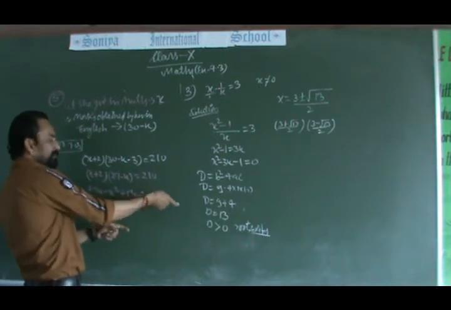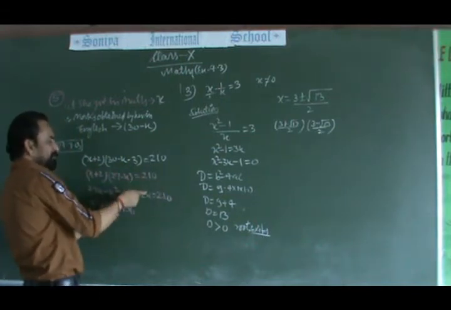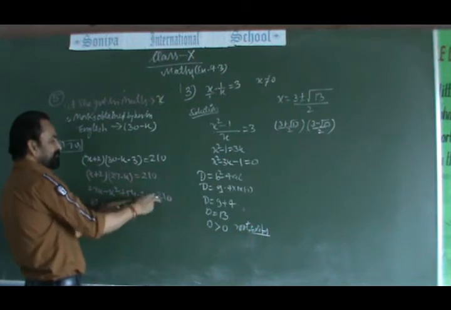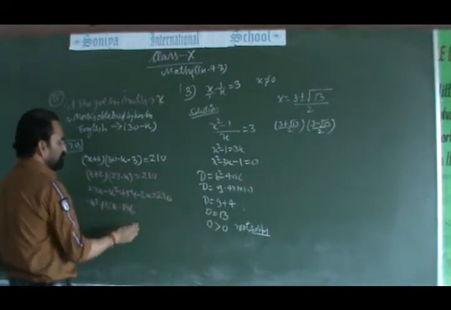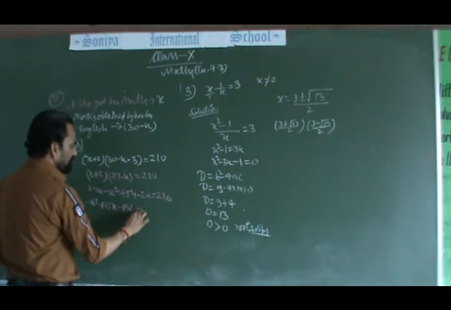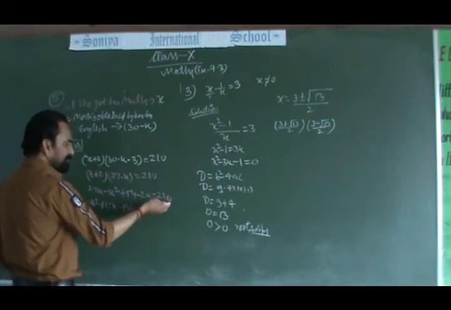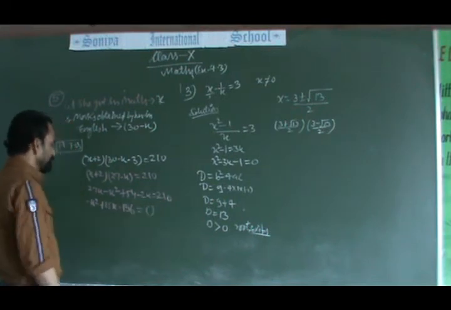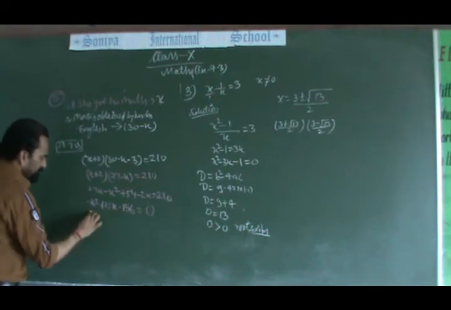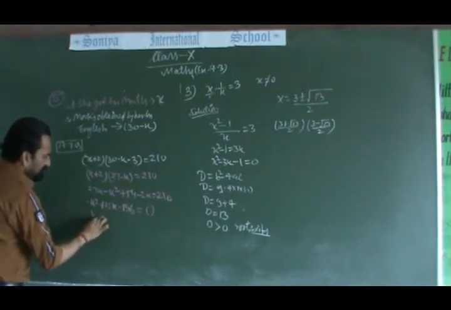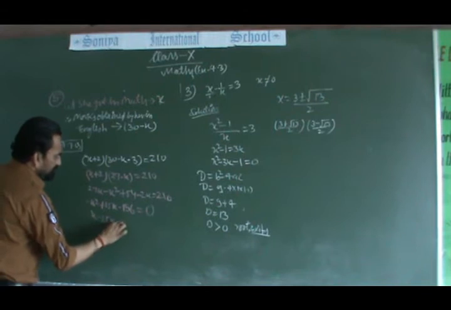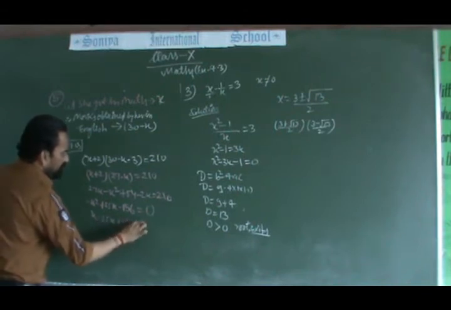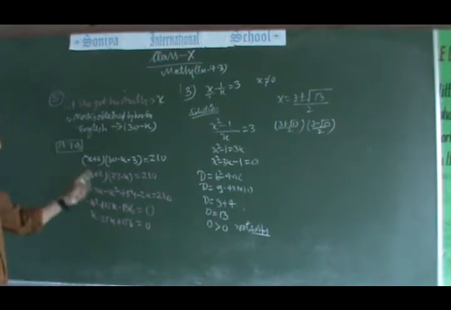When we transpose 210 to the other side, it becomes negative. Plus 54 minus 210 equals minus 156. Now what do we have on the right-hand side? Nothing, that is 0. Multiply with the minus sign: x square minus 25x plus 156 is equal to 0.